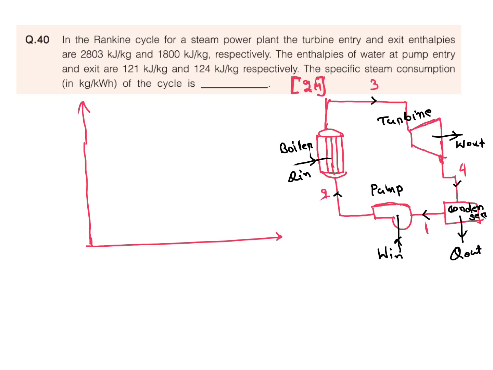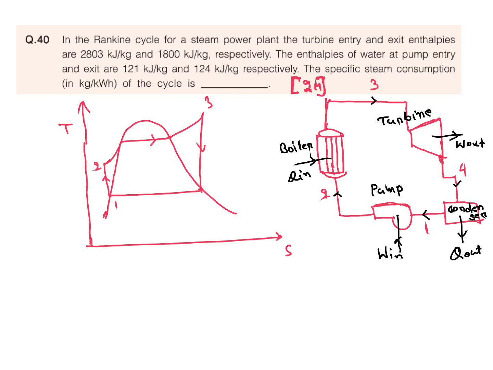So in the TS diagram, this is 1 to 2 pump, 2 to 3 boiler, 3 to 4 isentropic expansion, then 4 to 1 condensation.